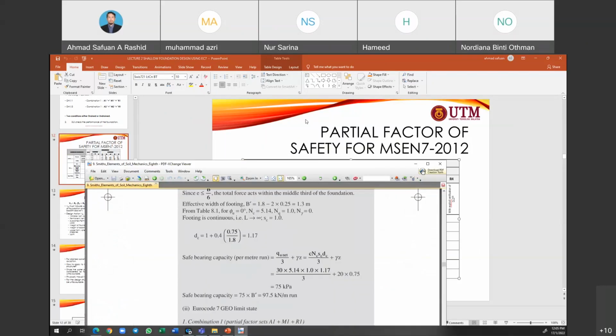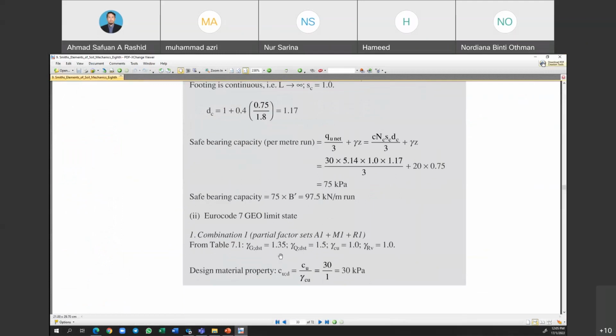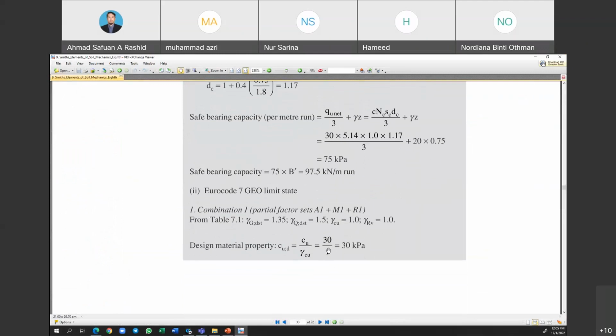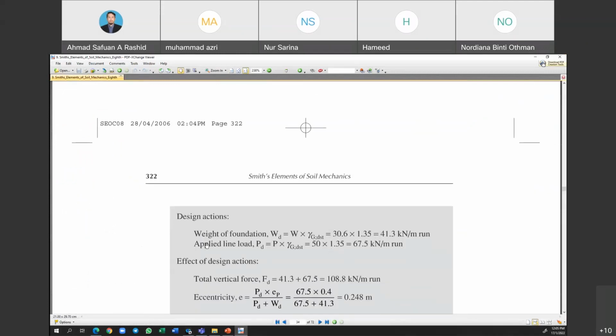Okay, so we come back to the example. Okay, so 1.35, 1.5, 1, 1. Okay, so then for the design material, 30 over 1 is equal to 30. Okay, so that is for the cu. Okay, so then for the design action, the weight of the foundation, W times 1.35, we obtain 41.3.